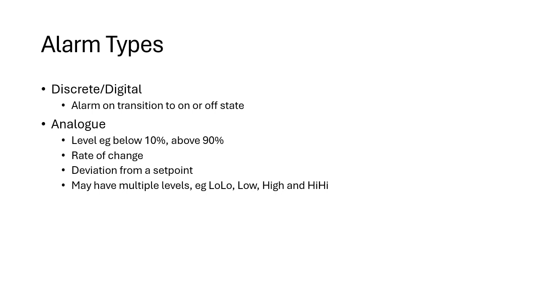Again, maybe you generate the high alarm at 90% to indicate to the operator the tank's getting very full. And then another alarm at 95% to say, look guys, the tank really is getting full now. You really need to do something about this. So multiple level alarms just give the operator a bit more notification of what they might need to do in terms of taking action about the state or value that's been exceeded.